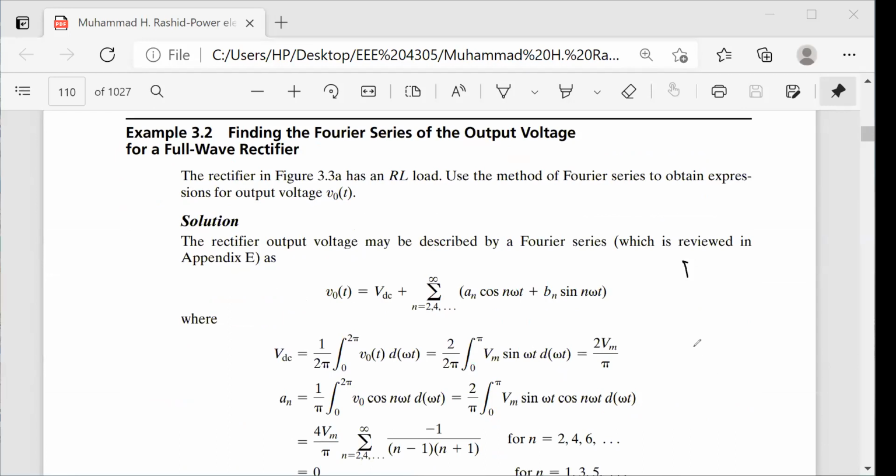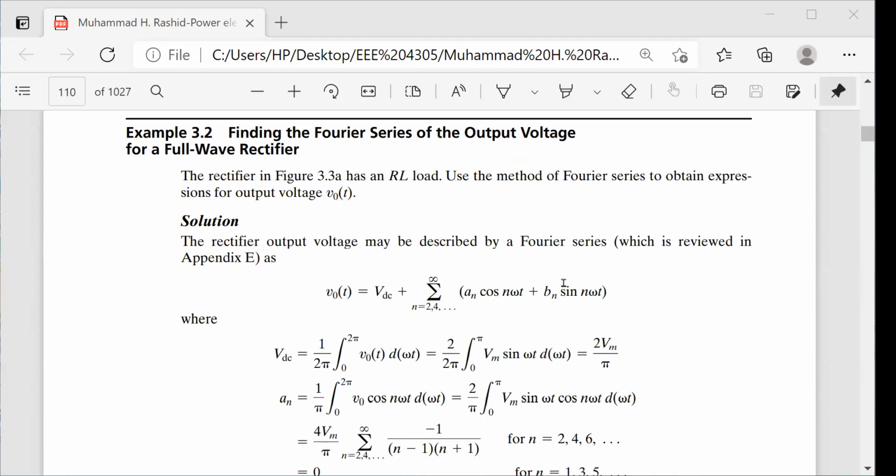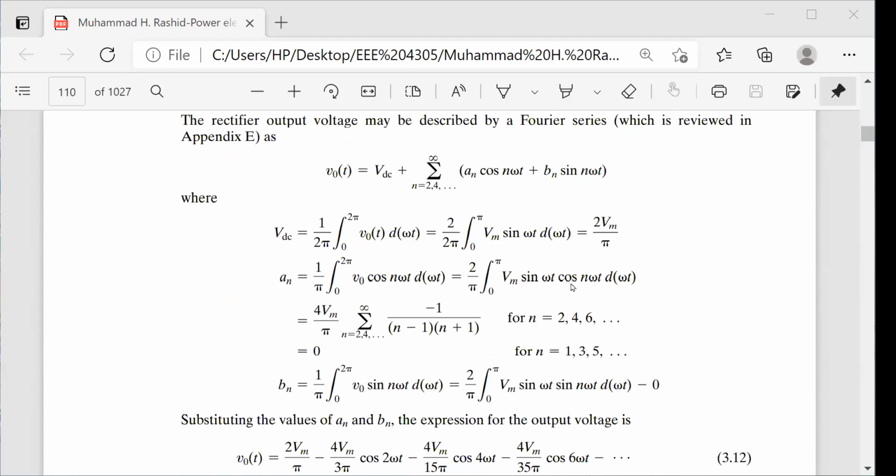So if the rectifier has a voltage like this, and you know the Fourier series, right? This is your output voltage, this is pi, and this is twice pi, and suppose this is the period, and you can use the Fourier series analysis here. You know the VDC will be the same as before, what we have already done, 2Vm by pi.